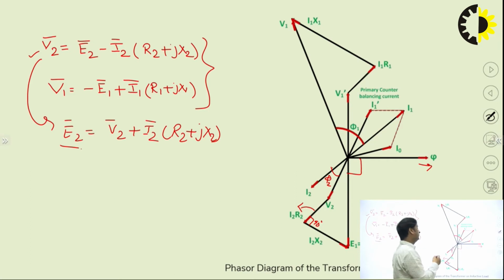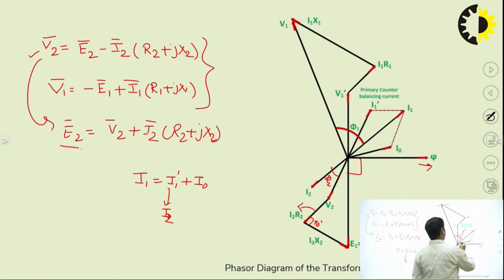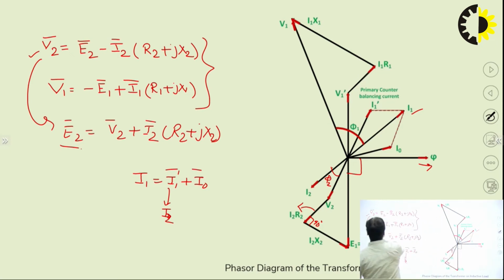Now let us come to the primary side. We know that I1 is equal to I1 dash plus I0, and I1 dash is equal to minus I2, in phase opposition to I2. So if you calculate I1, which is the phasor sum of these, we then calculate V1.